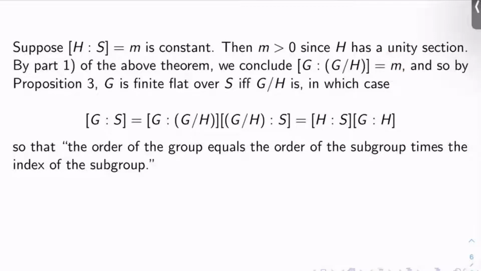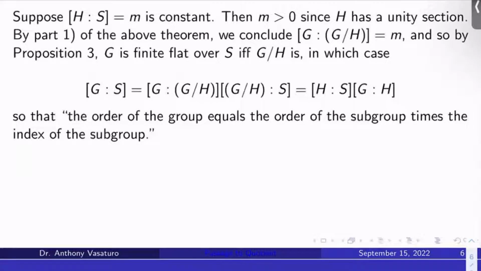And then by proposition 3 from a previous video, we know G is finite flat over S if and only if G mod H is finite flat over S. And when this happens, we have the following string of equalities, which show us that order does behave like we think it does. So the order of G over S, or the index of S in G, whatever, is the same as the index of G mod H in G times the index of S in G mod H. But we know what both of these are, right?